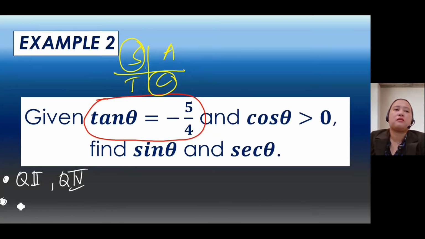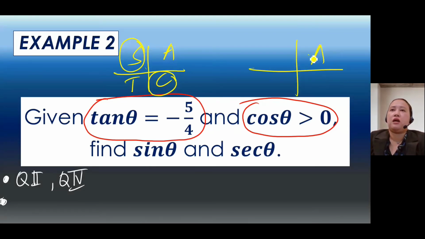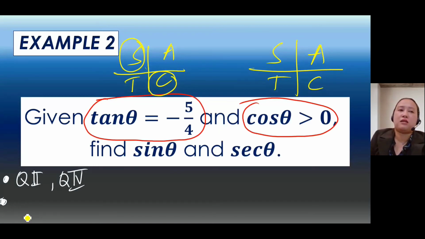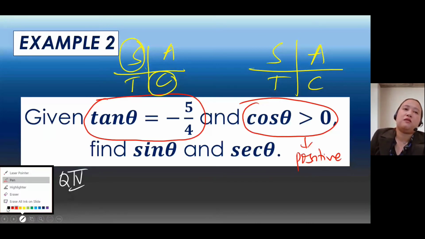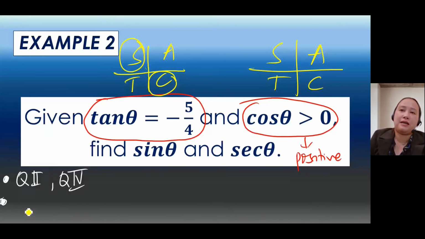Next, on the second given, we have cosine theta greater than 0. ASTC. Cosine theta is greater than 0. This means that cosine is positive. So let us determine the two quadrants in which cosine is positive. On A, all are positive.